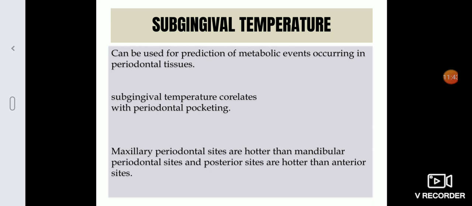So inflamed gingival tissue also has an increase in temperature. Subgingival temperature correlates positively with periodontal pocketing. So whenever there is periodontal pocketing, there will be an increase in the temperature in that localized area. And there are certain temperature variations which are physiological, like the maxillary periodontal sites are hotter than mandibular periodontal sites, and the posterior sites are hotter than anterior sites.